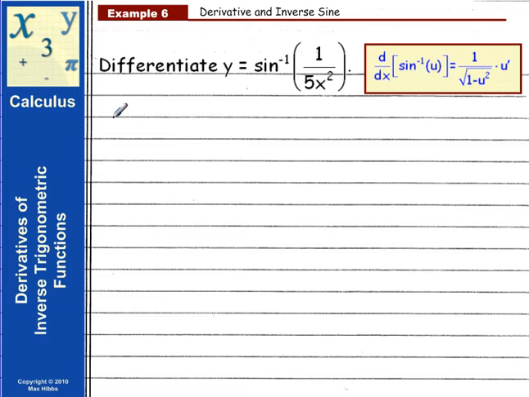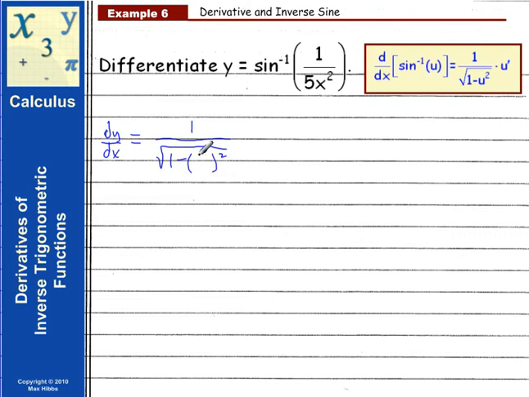In this case then, applying directly, our u is 1 over 5x squared. So dy dx, pardon me, is going to be the fraction 1 over the square root of 1 minus our u value squared.